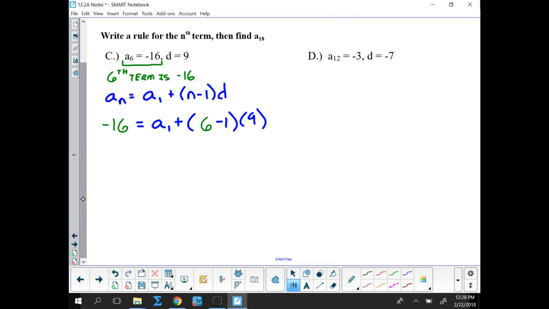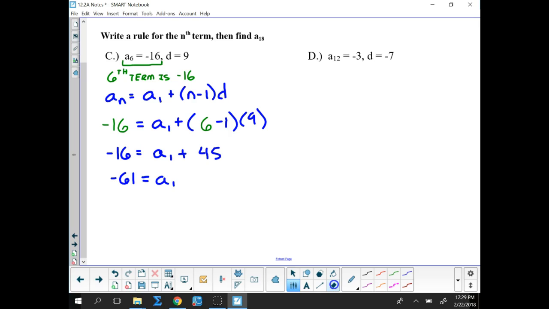6 minus 1 is 5. 5 times 9 is 45. Subtract 45 from both sides, and that gives me negative 61 is my first term.